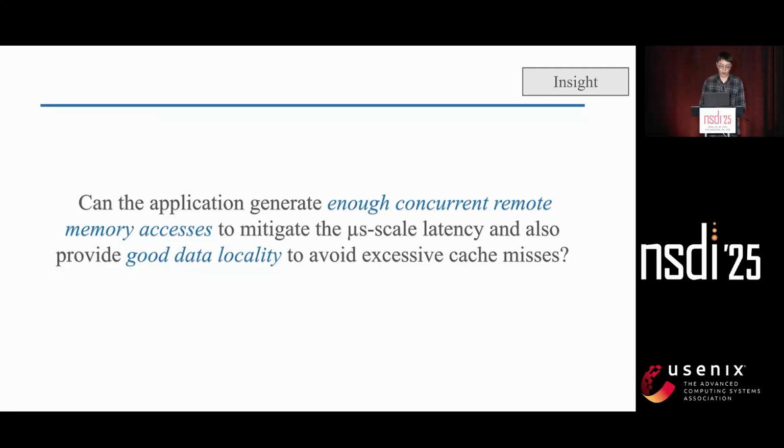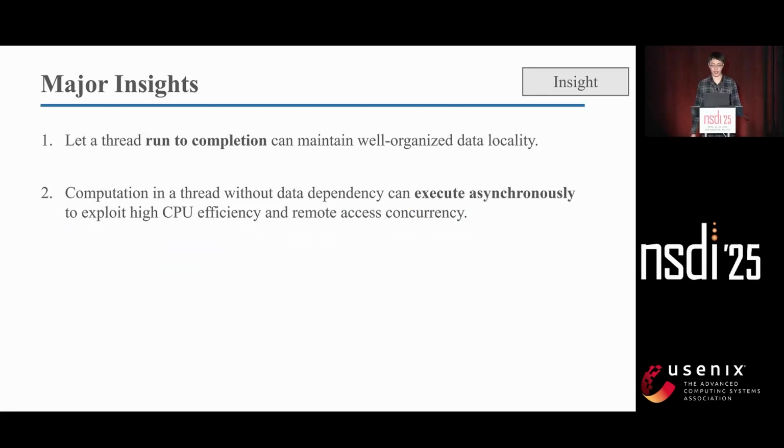So the question is, can the application generate enough concurrent remote memory accesses to mitigate the microsecond latency and also provide good data locality to avoid excessive cache misses? And the answer is yes. Here are our major insights.